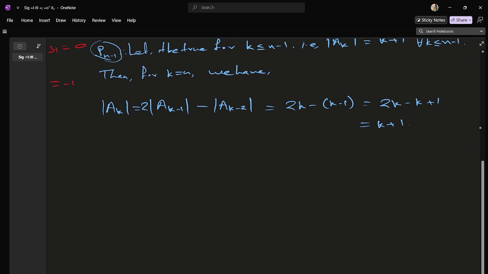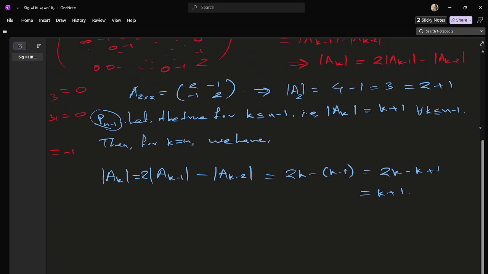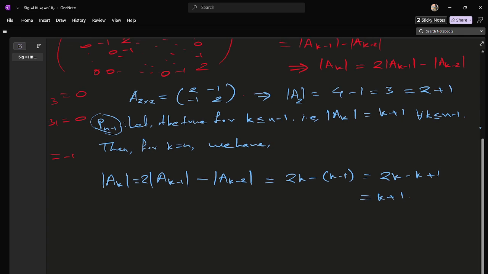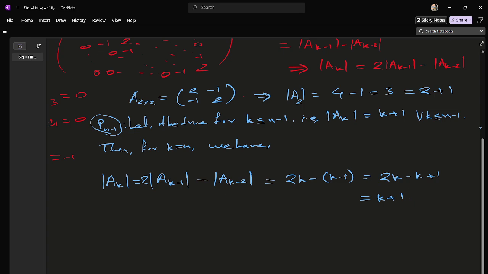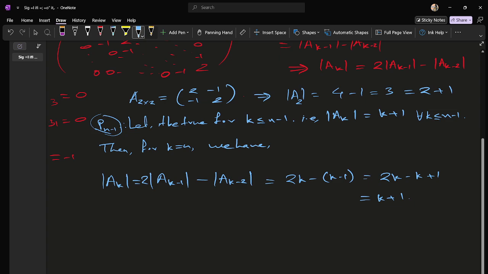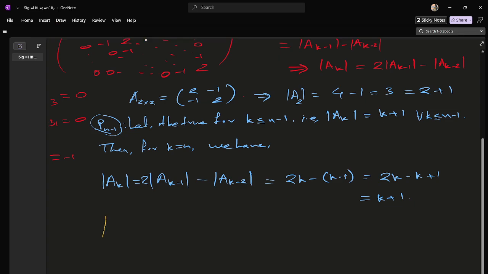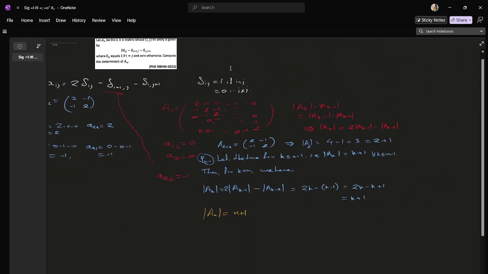We were trying to prove that det A_k is equal to k plus 1, and we got det A_k is equal to k plus 1. Therefore, the result is that the determinant of A_n of this kind will be n plus 1.